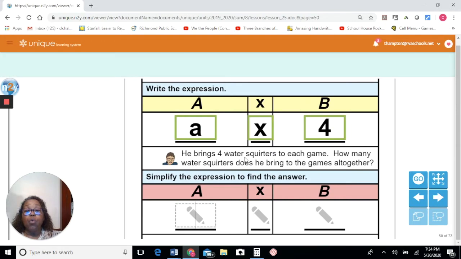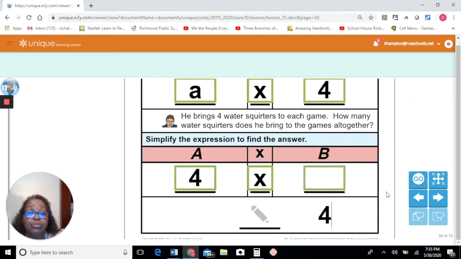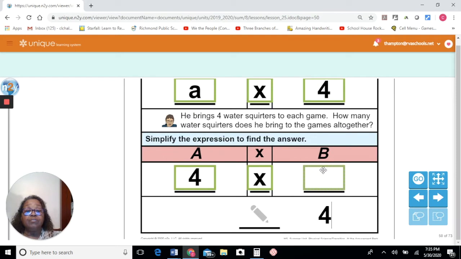He brings 4 water squirters. So we're able to substitute. Now we can put 4 for A. Still, we're using multiplication. And we knew that B was what? That's right, B was 4. We already knew that. So we've completed our expression, A times B. A is 4 times B, which is 4. We've made the substitutions, and now we need to find out what would be the answer.